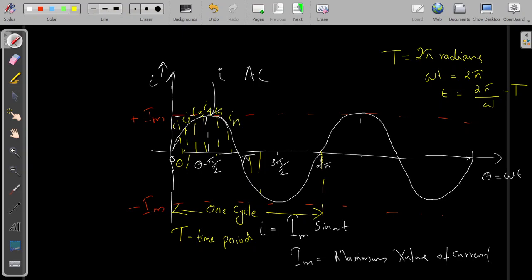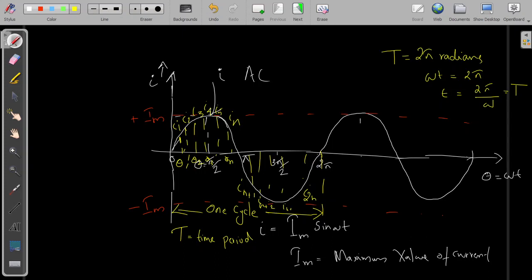And similarly for theta 1, theta 2, theta 3, etc., theta n. And similarly in this negative half cycle also we have IN plus 1, IN plus 2, IN plus 3, etc., I2n.